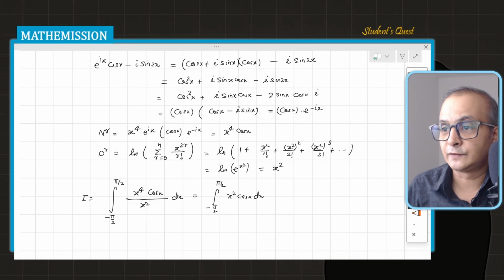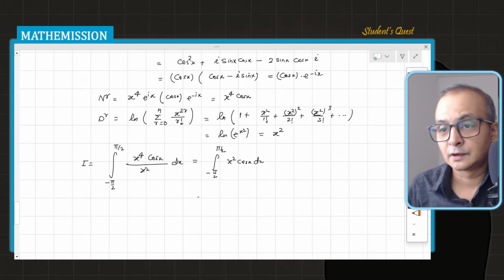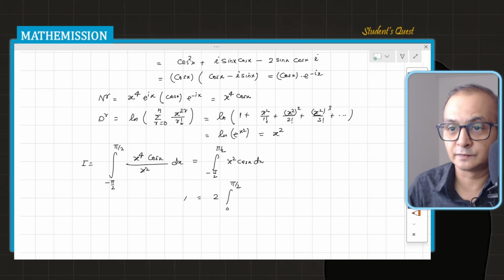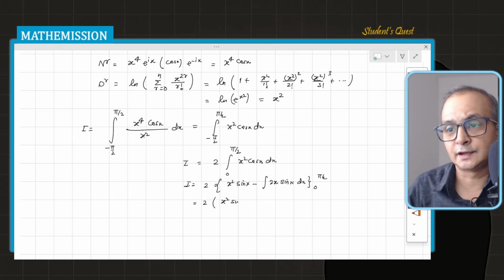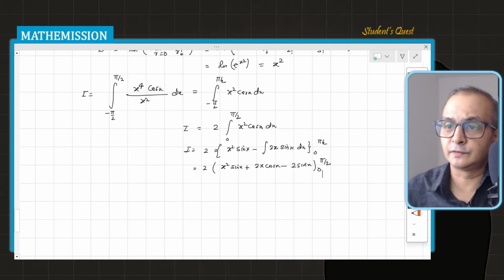You can identify that this function is an even function, so I can write the limit as twice of 0 to pi by 2, the whole integration x squared cosine x dx, and after that we can apply integration by parts. I think you will get this integration, and after that we will simplify.